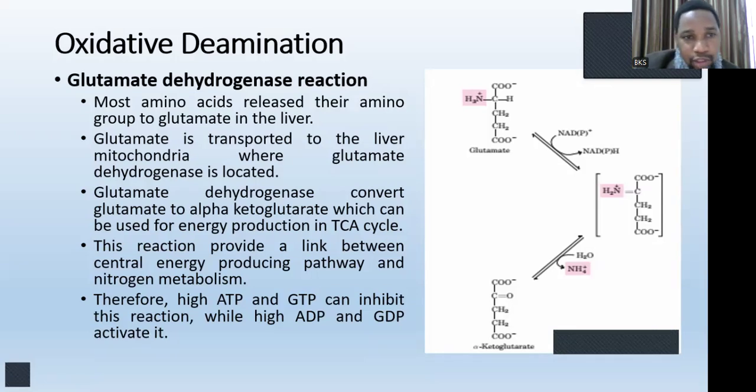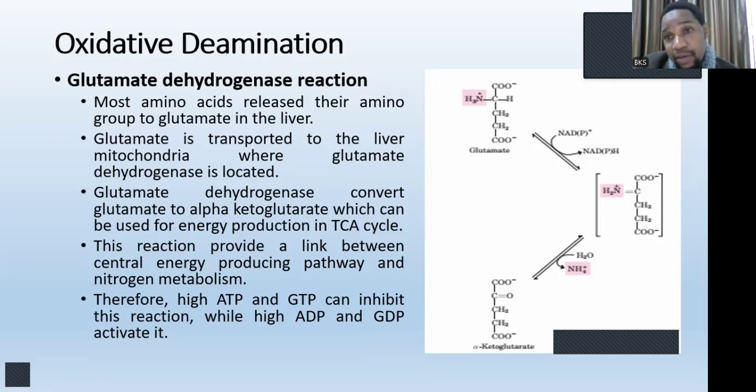That leads to formation of what we call alpha-iminoglutarate, which is an intermediate. Alpha-iminoglutarate, on hydrolysis, releases the amino group in the form of ammonia from alpha-ketoglutarate.